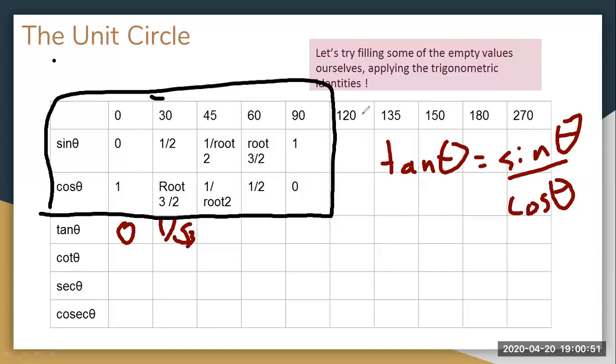At this point, this is the same. And over here, root 3 by 2, 1 by 2, this would be root 3. Now it's 1 over 0. Because your cosine theta is 0 at that point, tan 90 degrees explodes to infinity there.